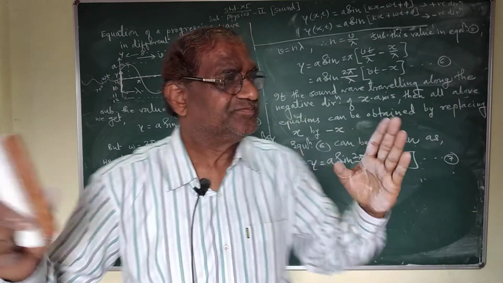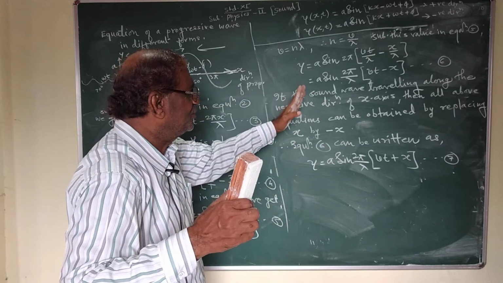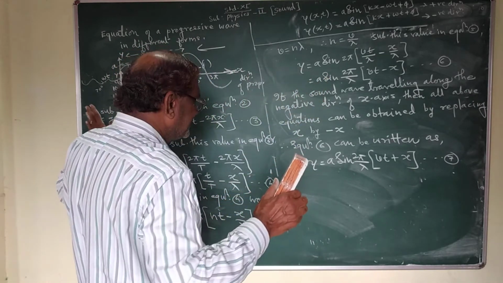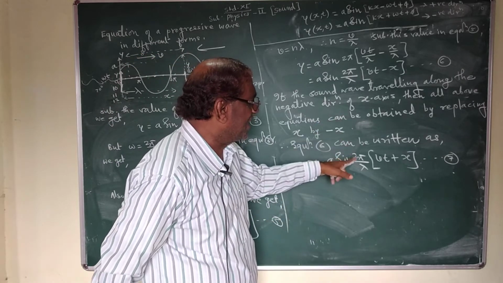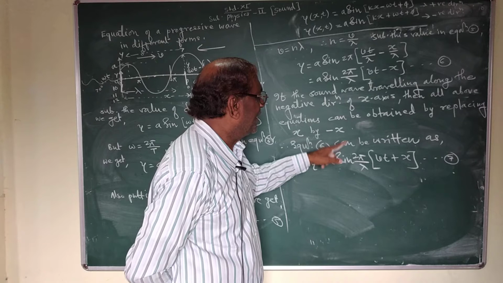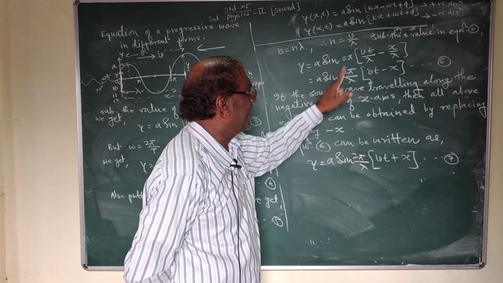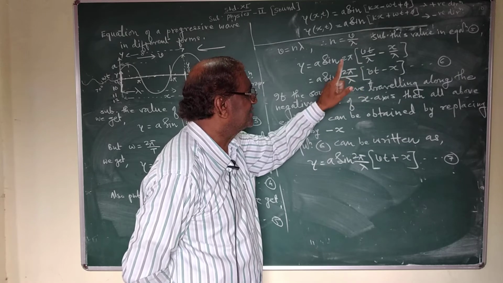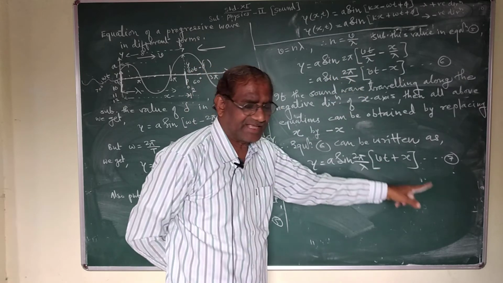Left to right is positive, and right to left is negative. So this equation we can obtain by replacing x by minus x. Instead of x we put minus x, so it becomes plus, then Vt plus x.